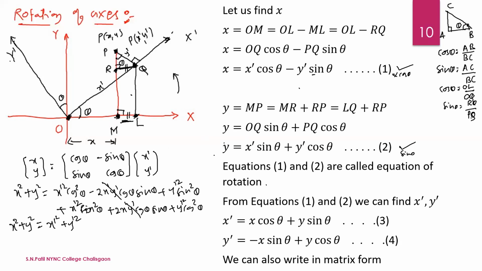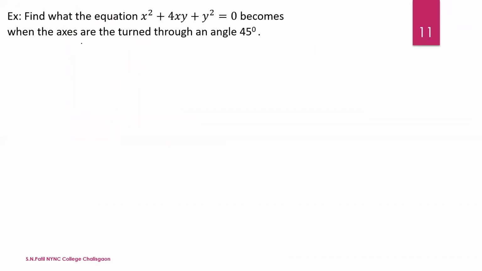Now let us take an example on this topic. Find what the equation x square plus 4xy plus y square is equal to 0 becomes when the axes are turned through an angle 45 degree. It means we rotate the original axis through an angle 45 degree.